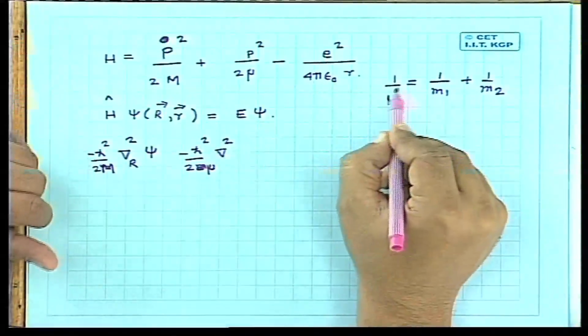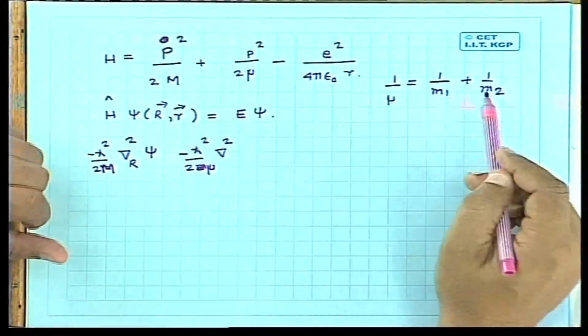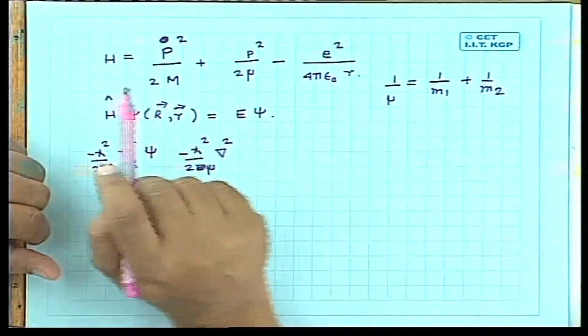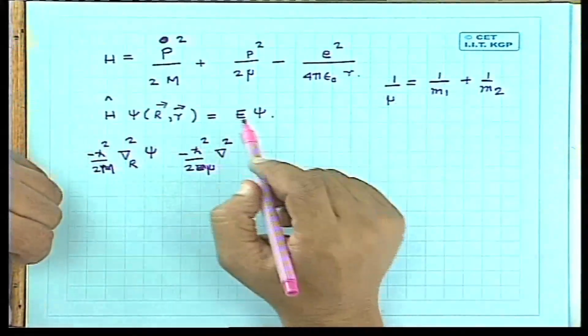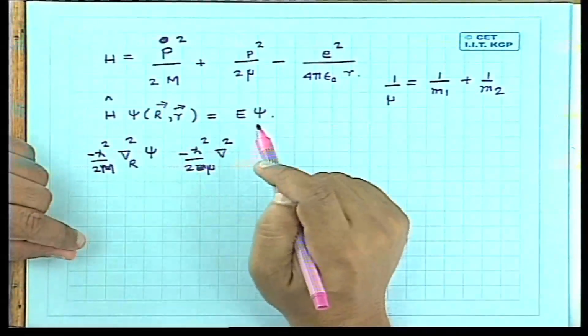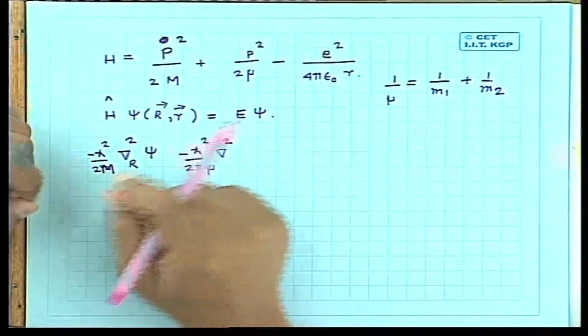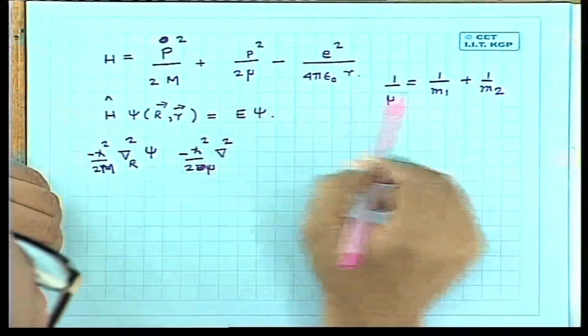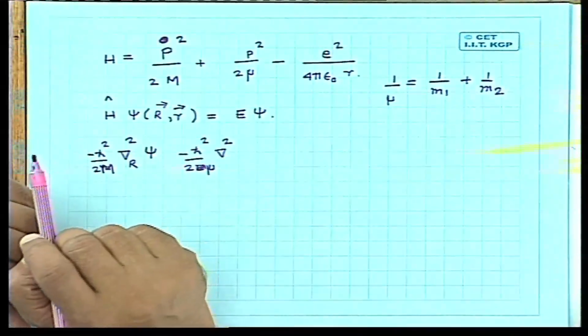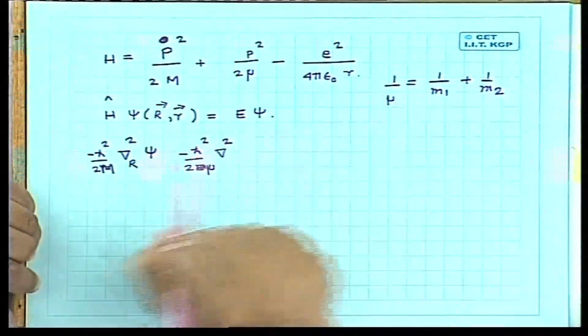So the value of the reduced mass is closer to the electron mass than to the proton mass. But it will be different, for example, if I have a deuterium atom, where instead of a proton I have a combination of proton and neutron. So if I have a deuterium atom, the reduced mass is going to be different. Okay, so you should bear that in mind.